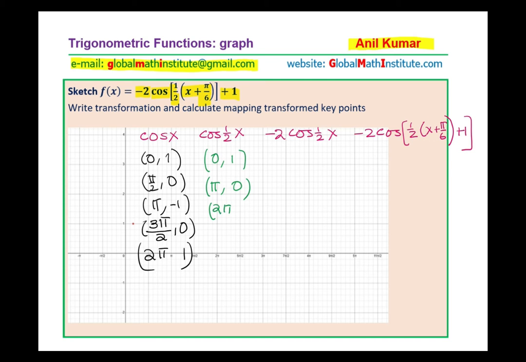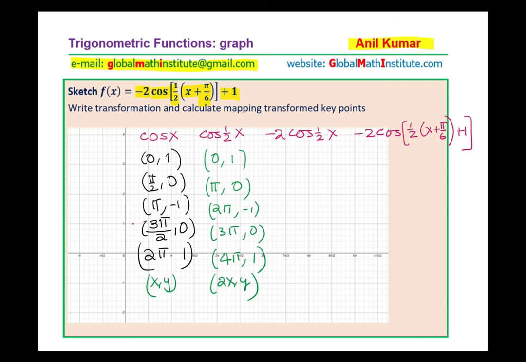This will give me 2 pi, minus 1, and then this is 3 pi, 0, and that is going to be 4 pi, 1, right? So what you have seen here is that the xy point here will be now as 2x, y, correct?